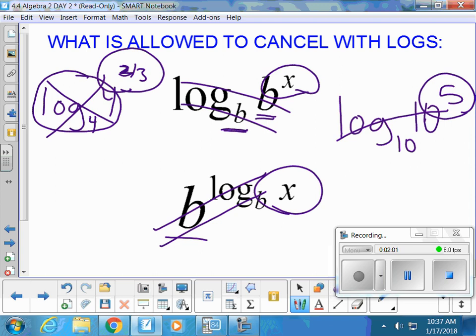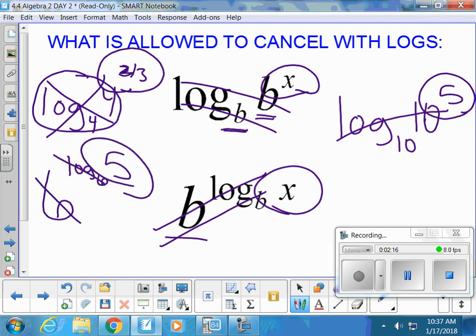I'll make up an example: 6 to the log base 6 of 5. Since I have a 6 and a log base 6, I can slash all that out, and my final solution would just be a 5. It's just how it works when the log is in the exponent position.